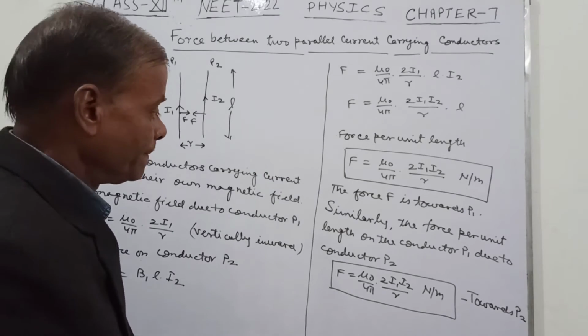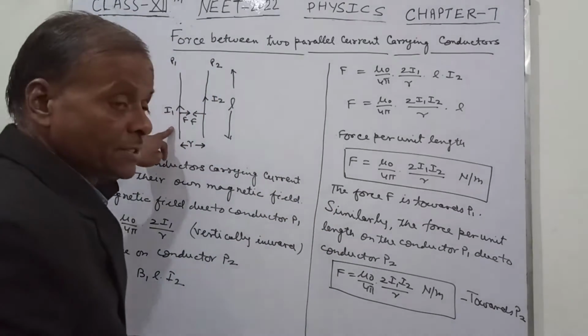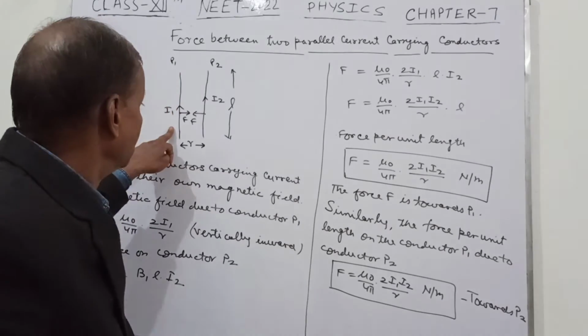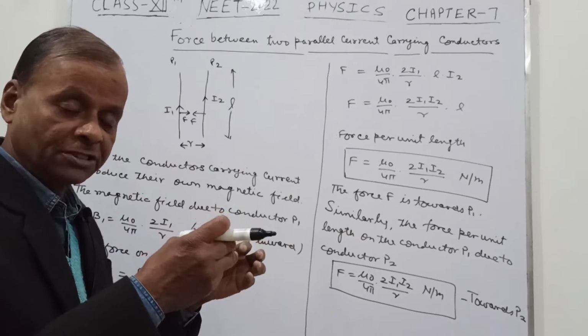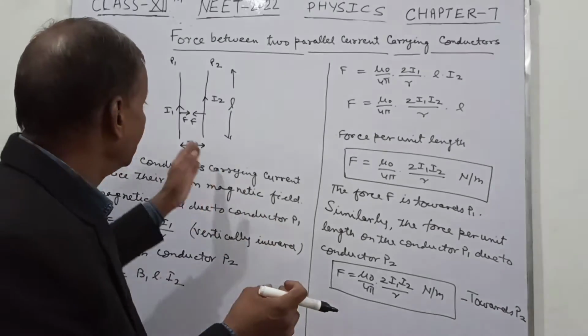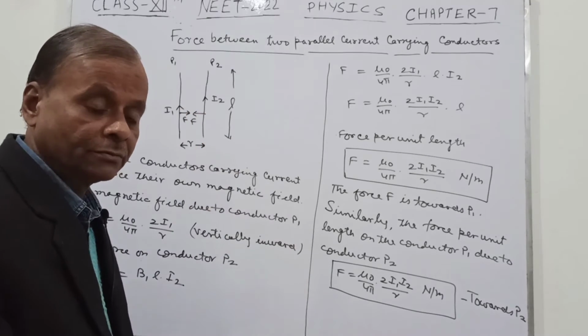So what is that? When the current in the conductors is in the same direction, then both the conductors will attract each other. Thus the force between the current carrying conductors in the same direction is the attractive force.